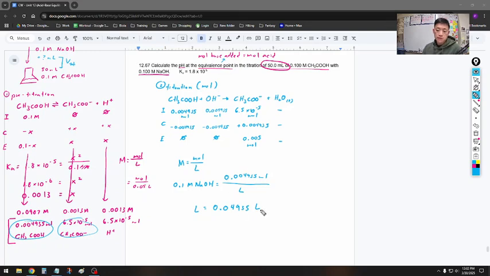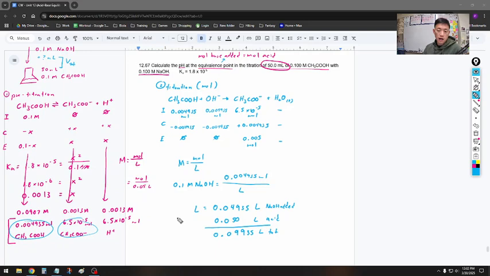All right, now that's going to be the liters of base added. So this is going to be our NaOH that we added. We started with 50 milliliters of acid, and so our new total volume is going to be about 0.1 liters.